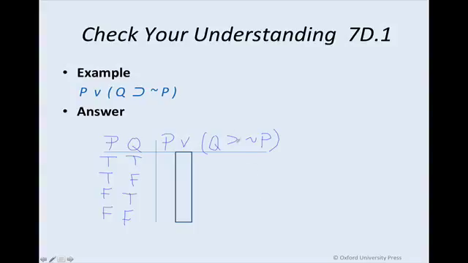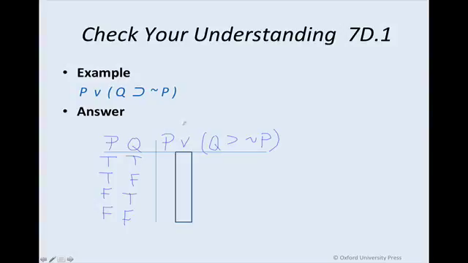The horseshoe brings Q and not P together, and the tilde covers only P. When you think about the main operator, think about the operator that applies to every element in the sentence. All right, so let's get started.